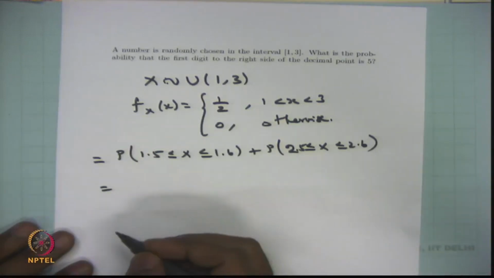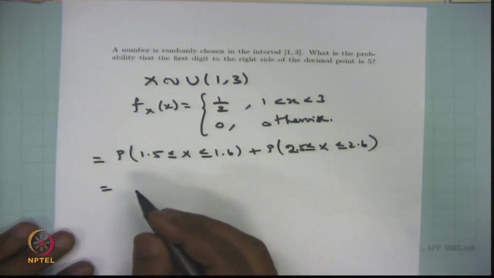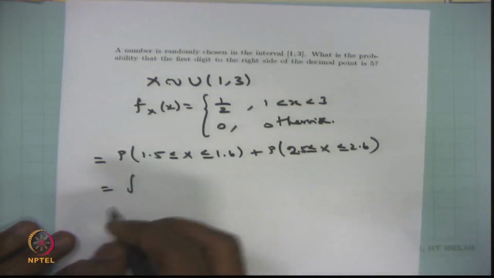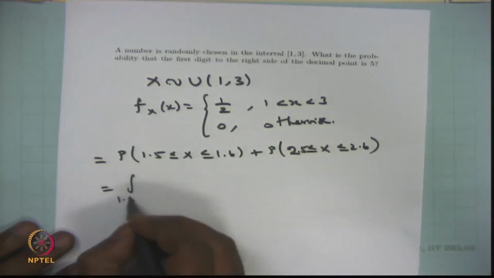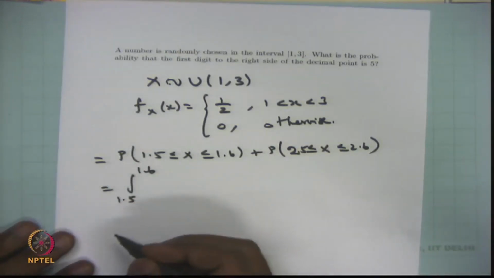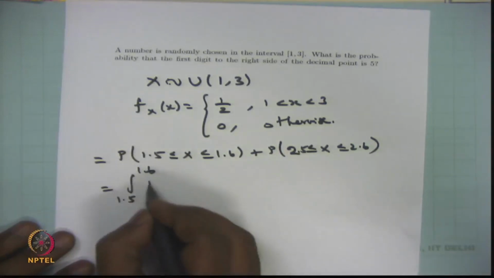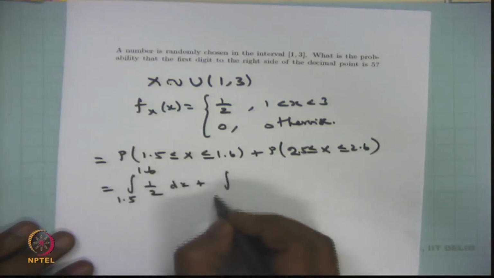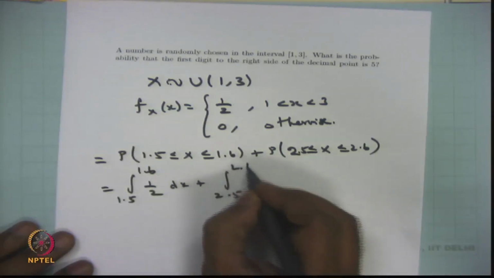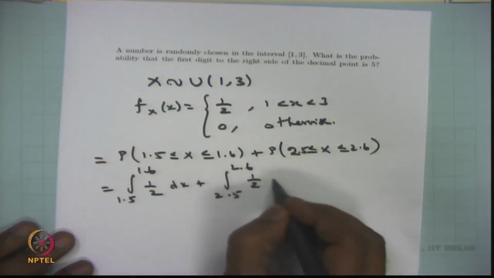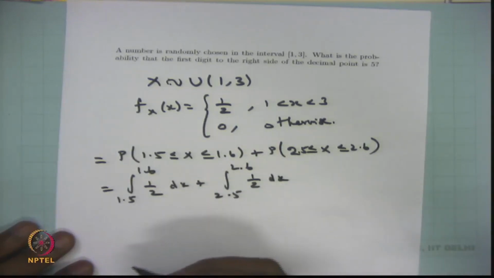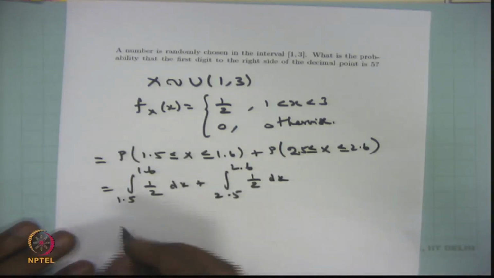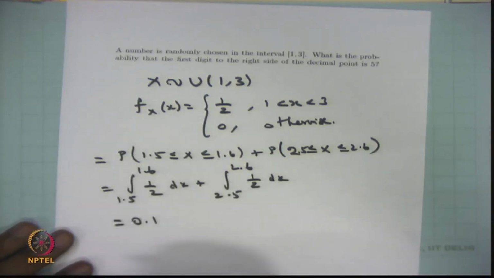Since it is a continuous type random variable, that is the integral from 1.5 to 1.6 of the probability density function 1 by 2 dx plus the integral from 2.5 to 2.6 of 1 by 2 dx. You simplify, get the answer, that is 0.2.